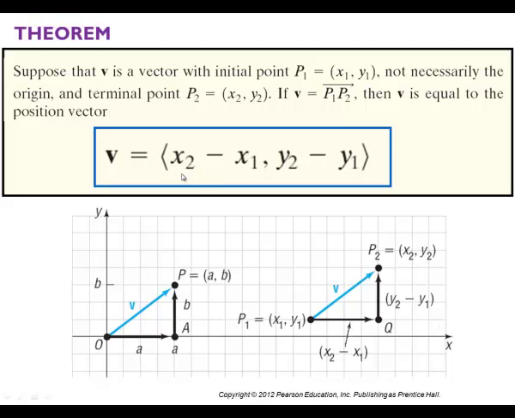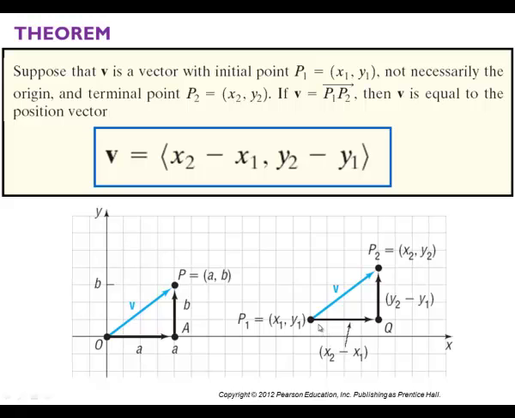And it is very important here that we take x2 minus x1 and y2 minus y1. So the initial point would be our x1, y1, and the terminal point would be our x2, y2. If you do it any other way than that, your vector is going to have the wrong direction. So you have to make sure you get that right.